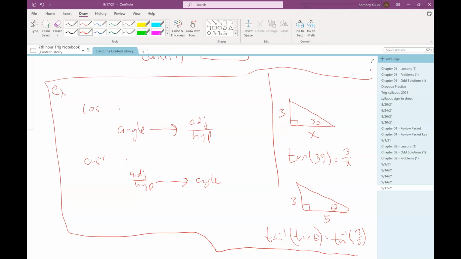So it's worth taking a few minutes to rehash what exactly we mean by sine, cosine, and tangent. What are these things doing? What is the inverse doing? How do I get an angle back, or how do I find a side length? These are all things that ideally are prior knowledge from geometry, but might not be that well done if it came from that time.